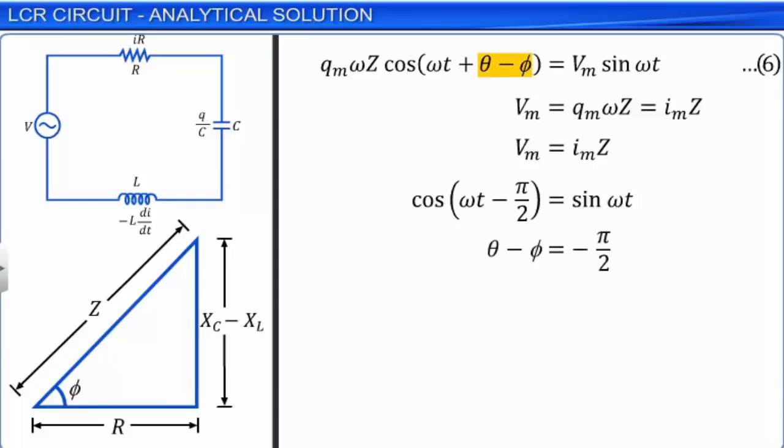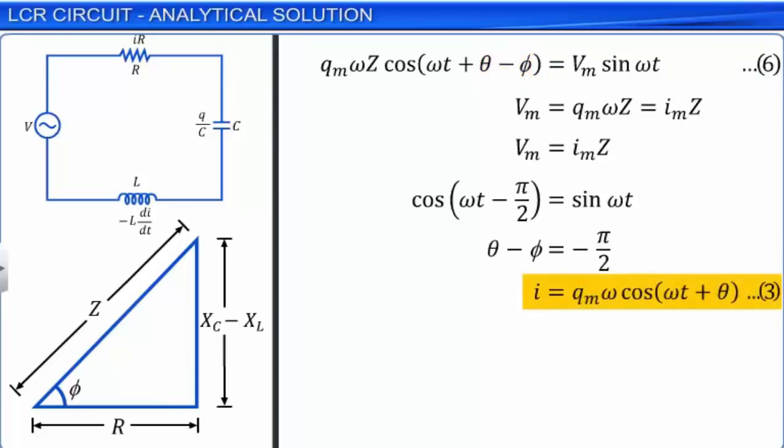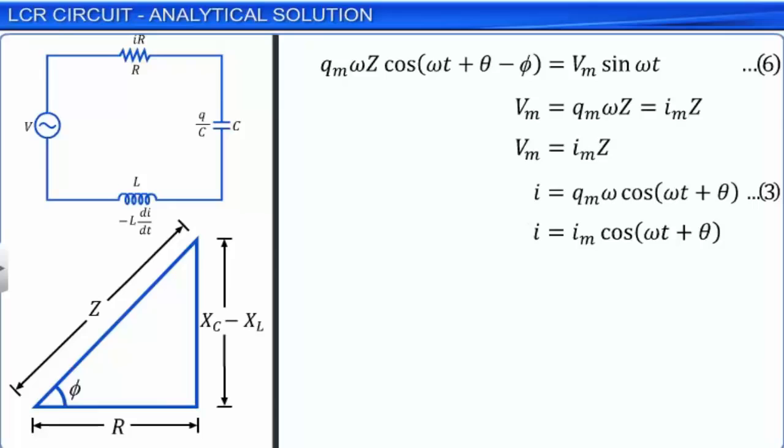Since Im is equal to Qm ω, we get I equal to Im cos(ωt + θ). Since θ minus φ equal to minus π by 2, we have θ is equal to φ minus π by 2.